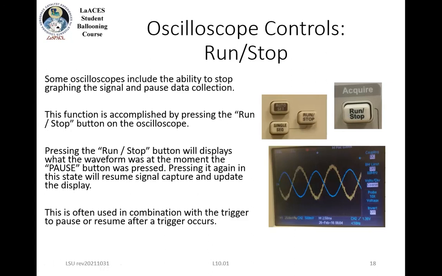So again, this is all useful for when you're looking for something that happens very quickly, right? Because I can get that horizontal scale down to nanoseconds. I don't want to continuously be rewriting it, because at the most I may have only 10 nanoseconds of span there.